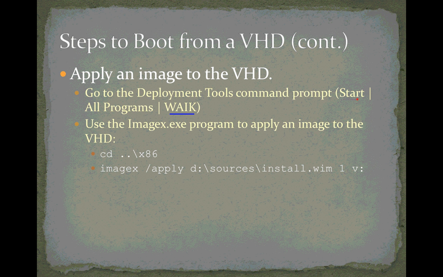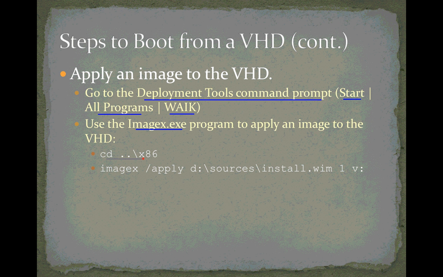That gives us, under Start and All Programs, the Windows Automated Installation Kit, and what we're after here is the Deployment Tools command prompt, which brings us to a command prompt close to the directory that we want to use to get at this ImageX utility that we will use to apply an image of an operating system to the virtual hard drive.